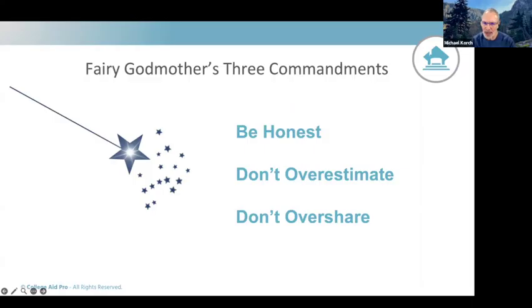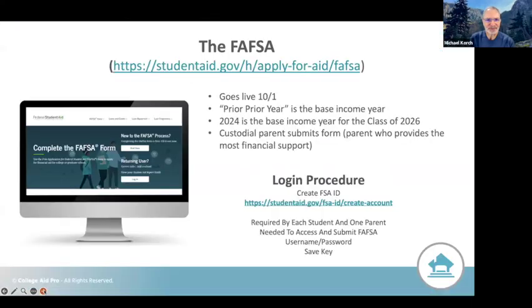So don't overestimate, don't overshare information. Just be honest, and you work to get the best deal, so to speak. And if there's things that are unusual or you're not getting what you want, then there's this concept of the appeal on the back end, so that we can try to make some adjustments in that.